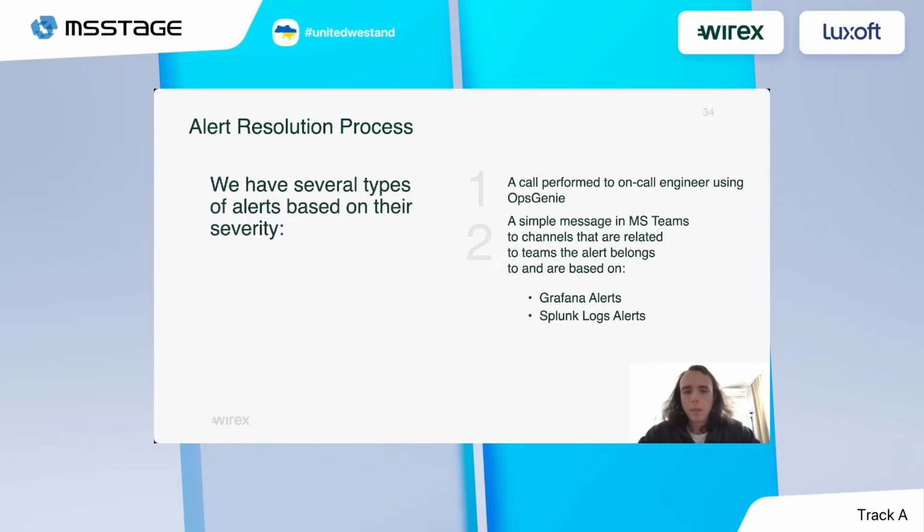When it happens, a call is made to an on-call engineer using OpsGenie. Other alerts may be sent as a simple message in Microsoft Teams to relevant channels, to persons who are actually responsible for the service where the alert happened. It can be forwarded by Grafana alerts or Splunk logs alerts directly to Microsoft Teams.